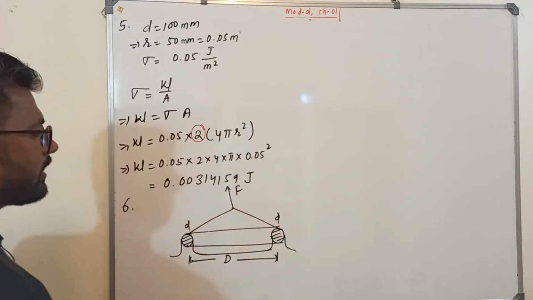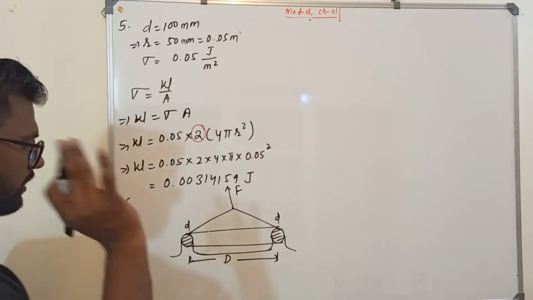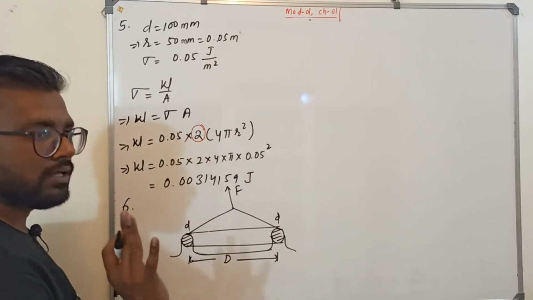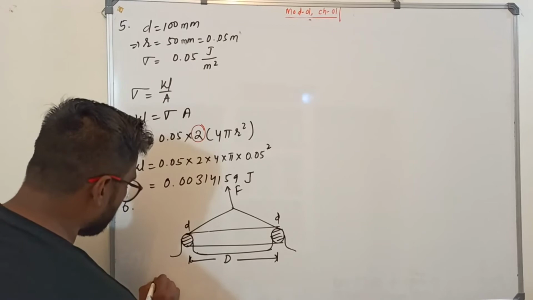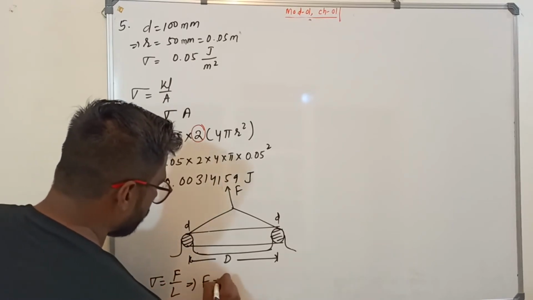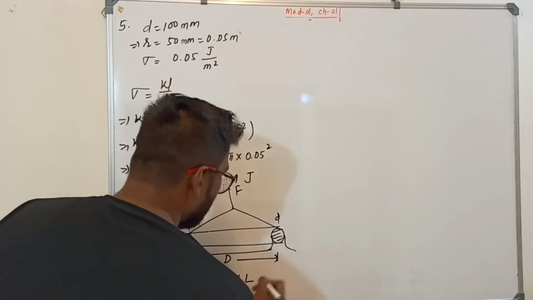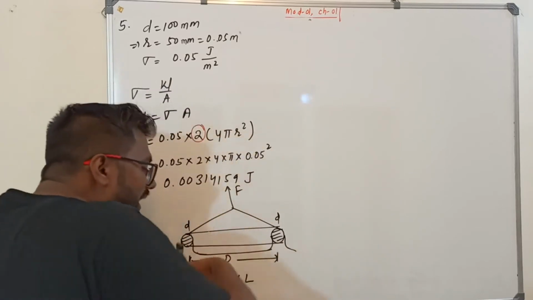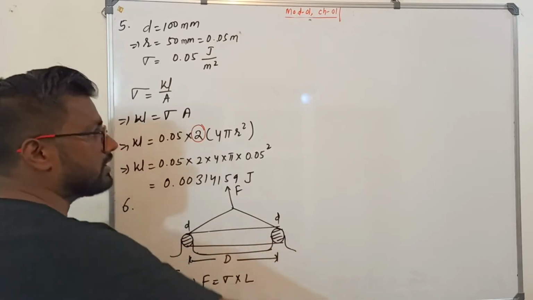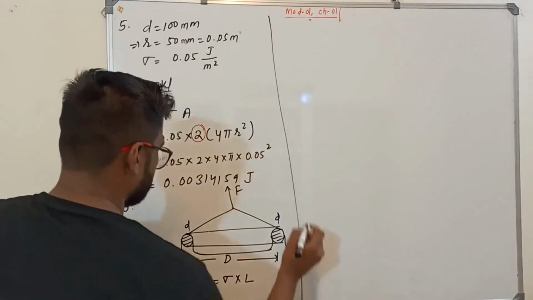You have to neglect the weight of the string. Simple question. So they have asked force. Sigma is equal to force per unit length. So what will be your force? Sigma into length. Here you have to find the length on which the surface tension is acting. That is the tricky part here.